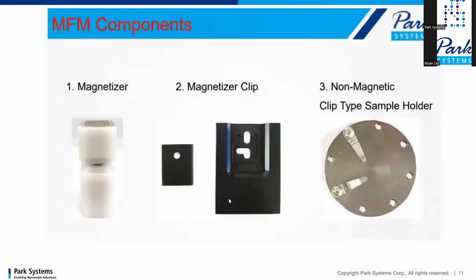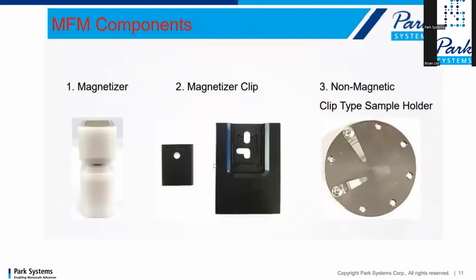So now let's take a look at some of the common components for MFM. These are the components that come with the MFM starter kit. Number one is a magnetizer to magnetize your tip.